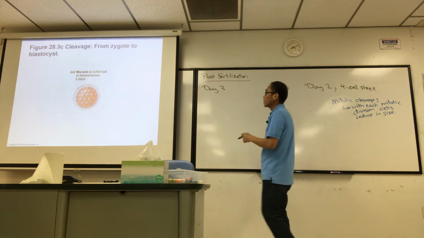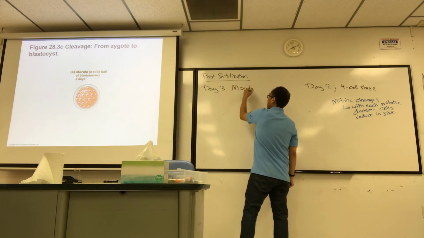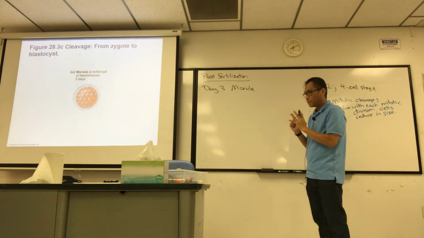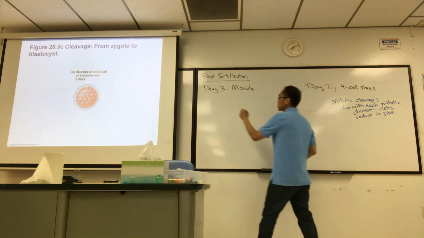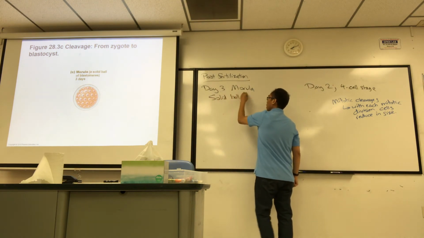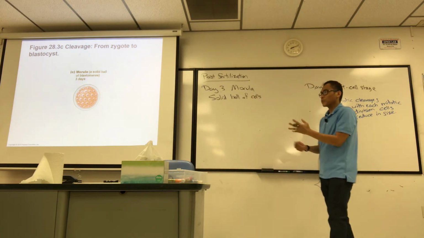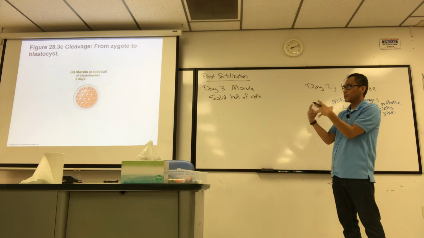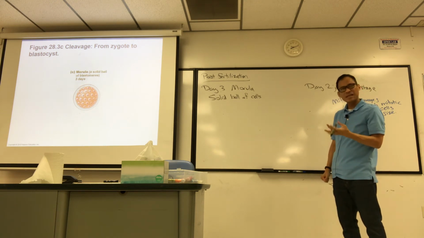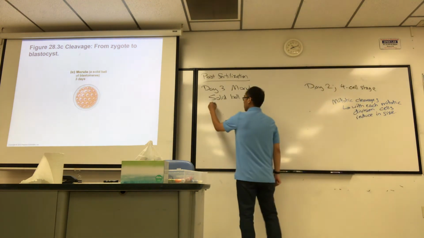Morula means little mulberry. You're basically just a solid ball of cells. No real structure or intelligent design. You're just basically a mass of cells. And sometimes you call this the 16 cell stage. Usually that's how many cells there are. You can also call it that.